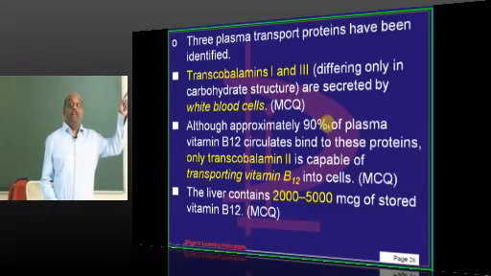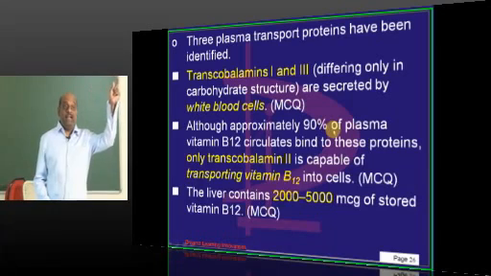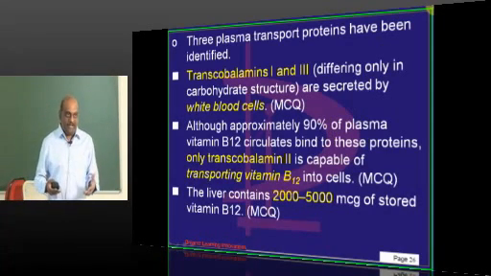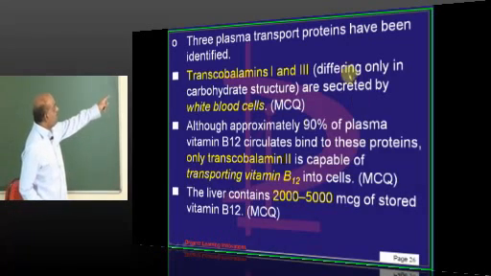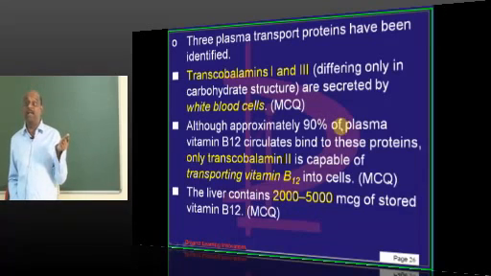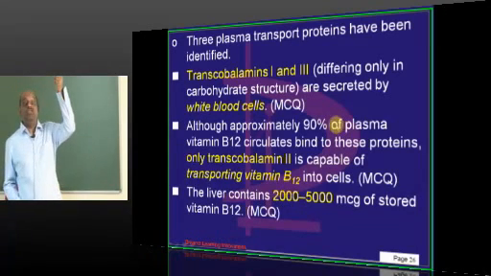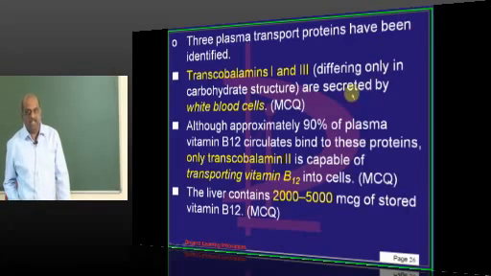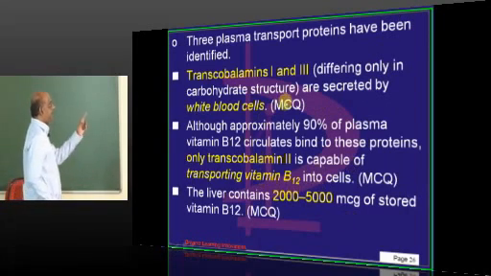In any myeloproliferative state like polycythemia rubra vera and CML, WBCs are proliferating. More WBCs will produce more transcobalamin, which absorbs more vitamin B12, hence vitamin B12 level elevation is one of the important markers which you see whenever there is any myeloproliferative state, because transcobalamins are produced by the WBCs.